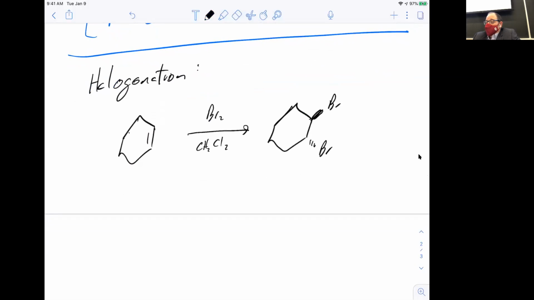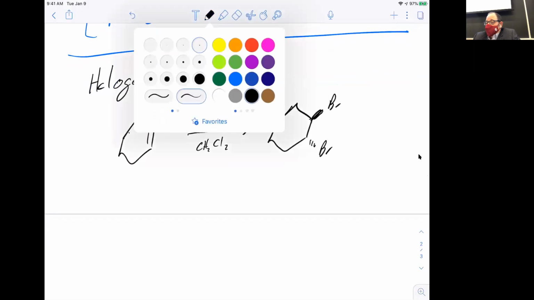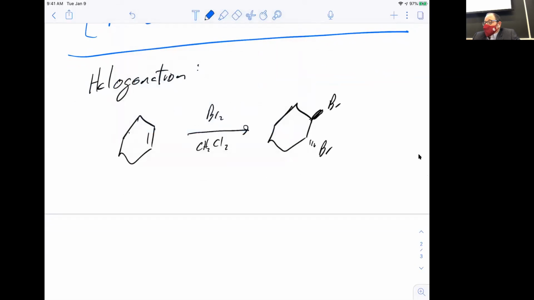We end up with the two bromines added across the double bond. And notice one is above and one is below, right? This is called an anti-addition. We're adding one of the bromines to each face of the ring. So we're going to have stereo control here, and the stereo control is anti-addition.